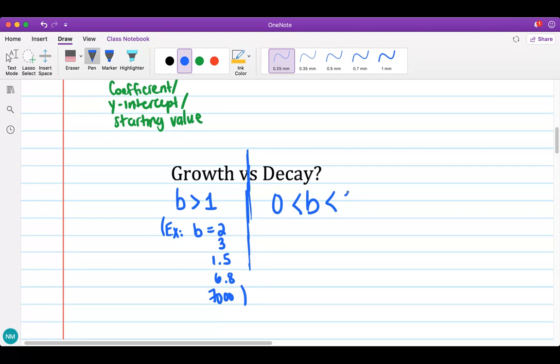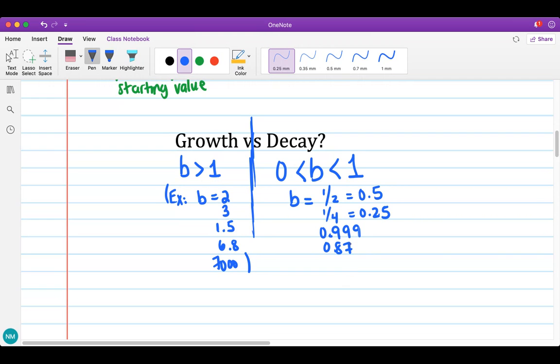So for example, b could be 1/2, which is equal to 0.5, right? It could have been 1/4 or 0.25. It could have been 0.999 or 0.87. So these are just examples. In order for it to be growth, b has to be greater than 1. In order for it to be decay, it has to be between 0 and 1.